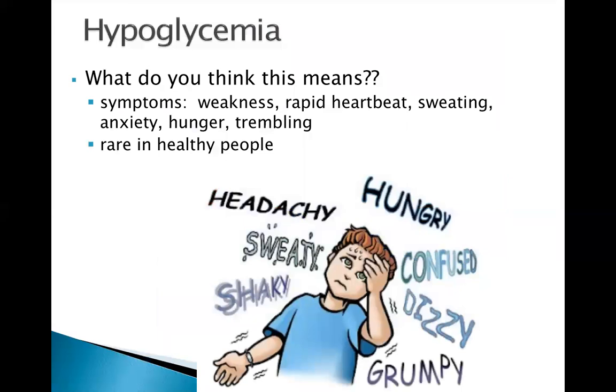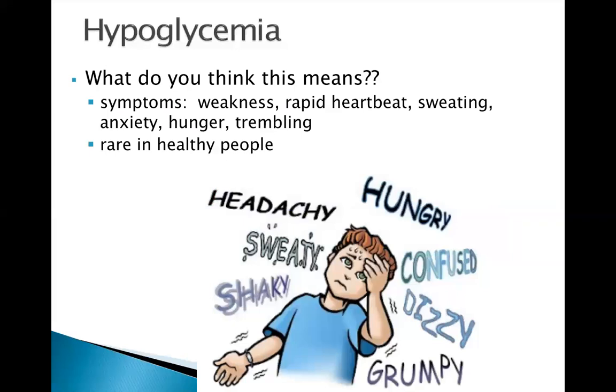It is possible for somebody with diabetes, or actually anybody in general, to have low blood sugar levels, and low blood sugar levels are termed hypoglycemia. Anytime you see hypo, that means low. When you have hypoglycemia, it usually means that your blood sugars are less than 70. And this is much more common in diabetics than in the general population.